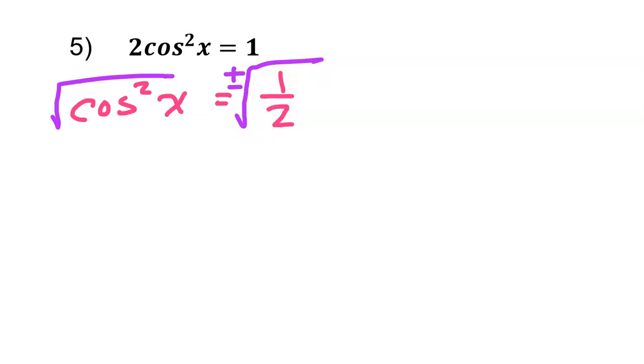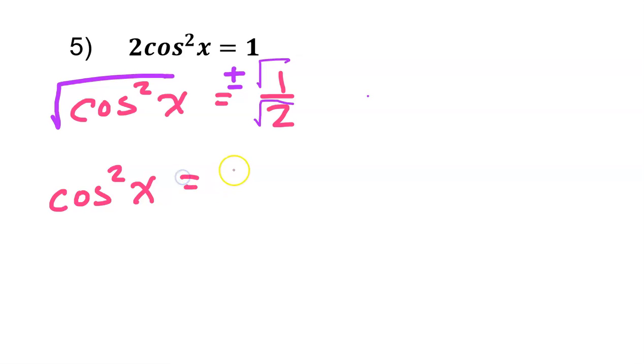You know what? Some students get confused by this, so let me show an extra little step here. If I want to take the square root of 1/2, that's the same thing as taking the square root of the numerator and the square root of the denominator separately. So I'm going to end up with cosine x is equal to plus or minus.